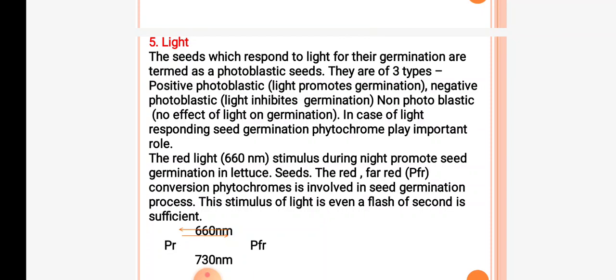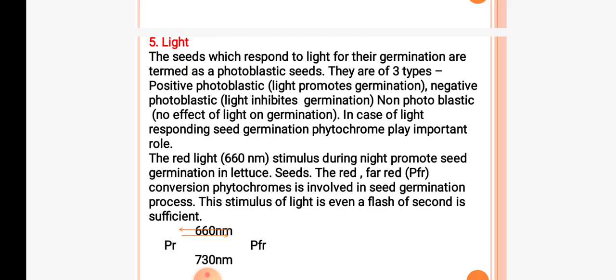In case of light responding seed germination, phytochrome plays an important role. The red light of 660 nm stimulus during night promotes seed germination in lettuce. The red or far red light is useful for the seed germination.